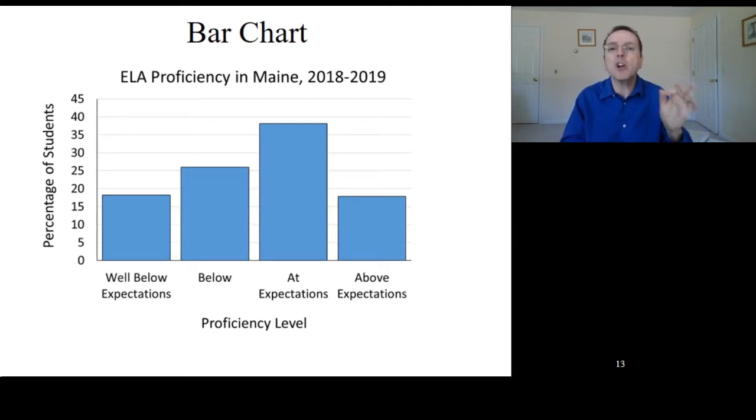However, in a bar chart, the width of the boxes are all the same. And if we make the boxes touch, this implies that the range of actual ELA skills is the same within each of those categories. But maybe the range of skills that fall in the meets category is fairly wide, but the range of skills that involve the partially meets category, maybe that's fairly narrow.